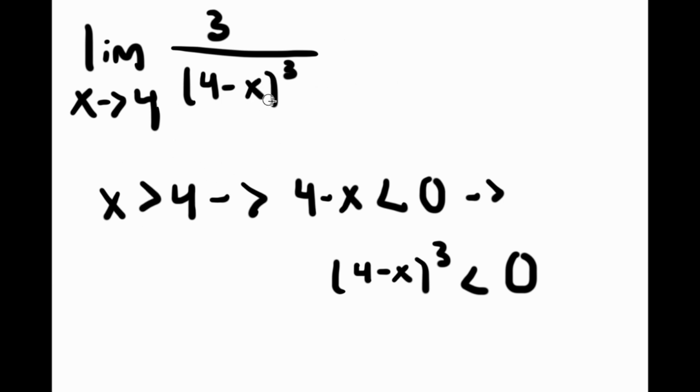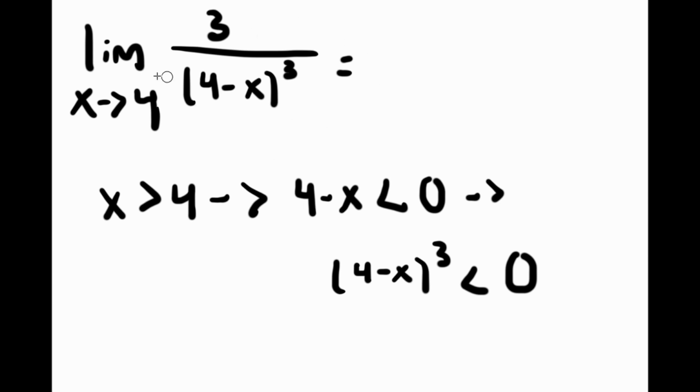So it would be 5, 4.9, 4.5, 4.1, 4.01, 4.0001, as we saw from the table before. As x approaches 4 from the right-hand side, the denominator will approach negative infinity.